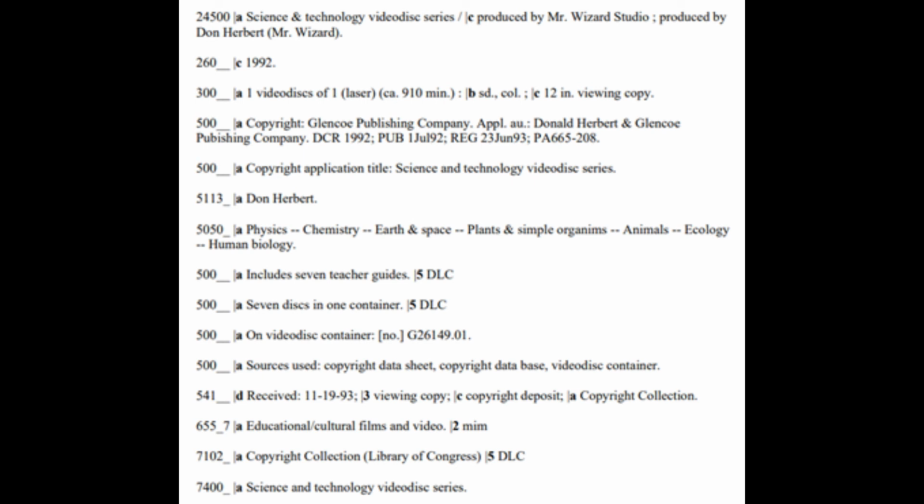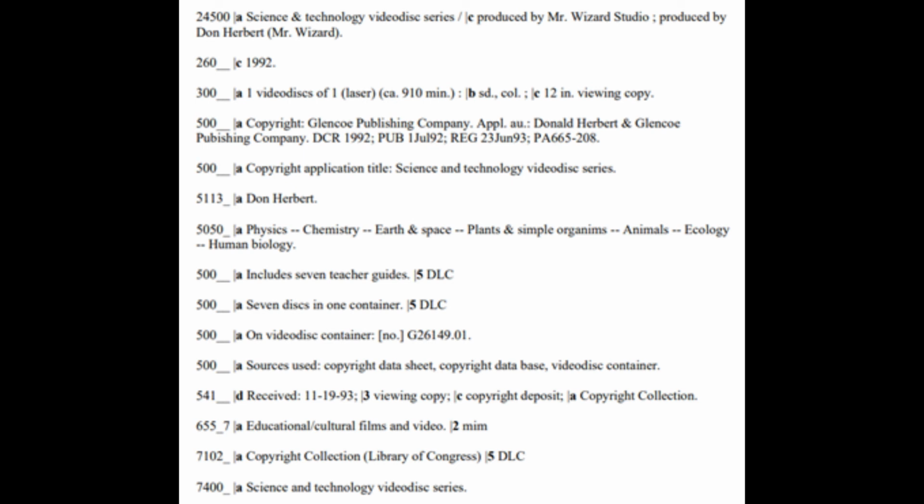Then subfield code C, 12 inches, viewing copy. Okay, so where can we get this information? You have to view the disc for you to get this, or you may have this information from the container of the DVD.